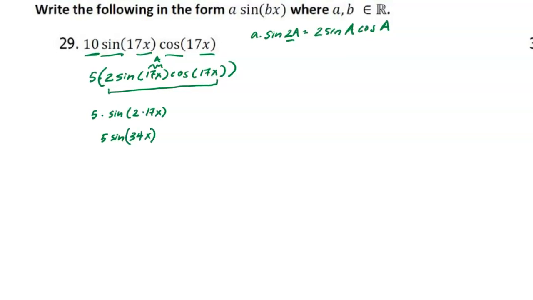Okay, so now you can see what A is. A equals 5 and B equals 34.